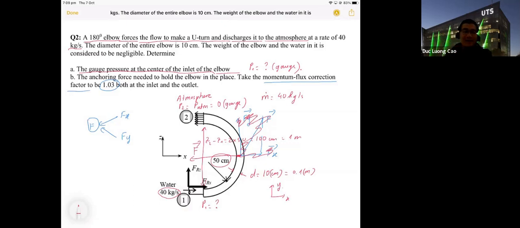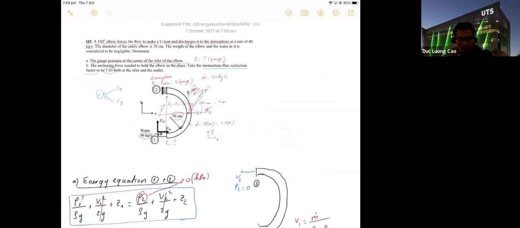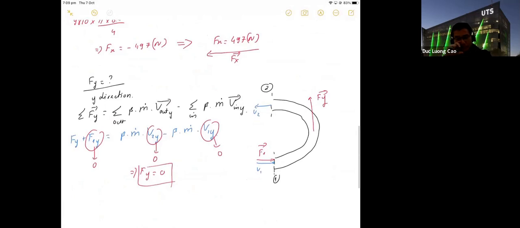Okay. F equal to Fx in x direction only. Do you have any question? Any question? Okay, thank you.